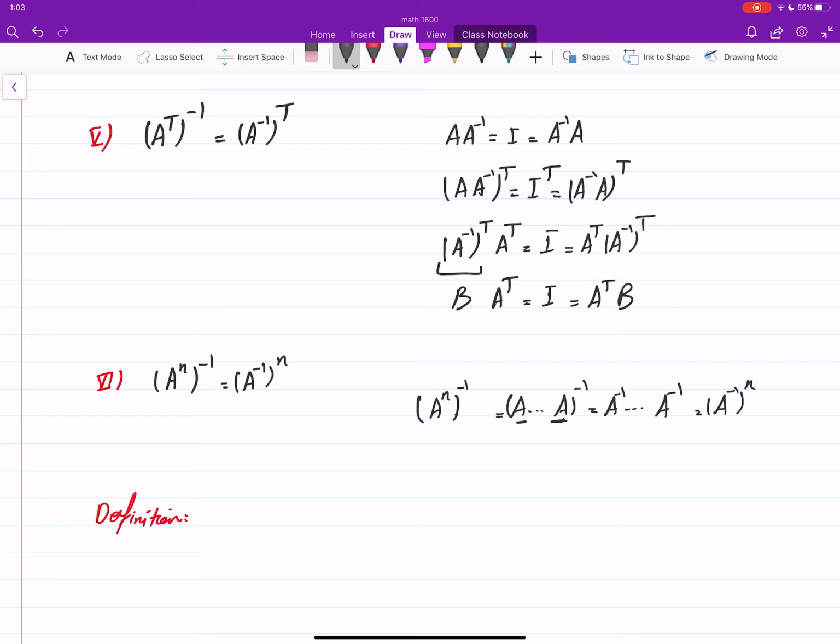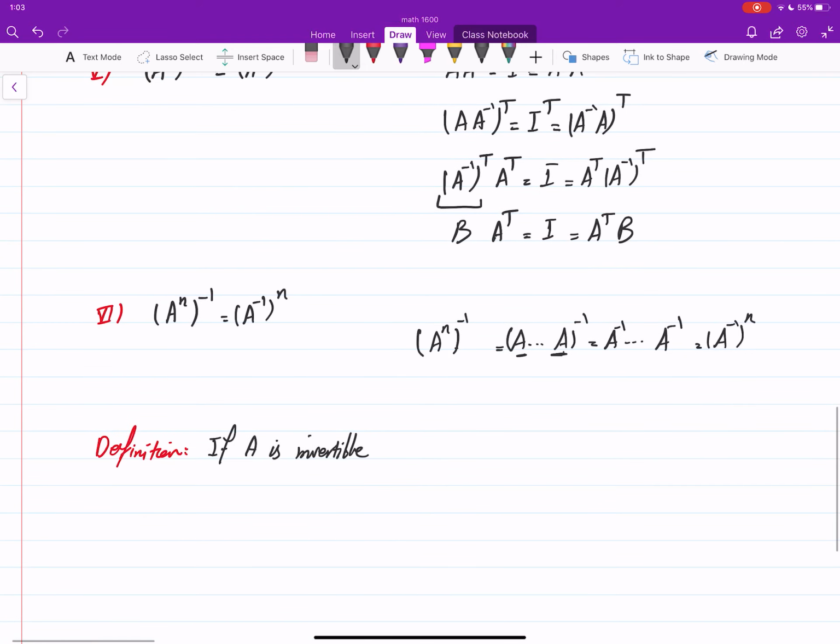If A is invertible, when we say A to the power negative n, for a positive integer n, what do we mean by this? It means that you multiply A inverse n times to itself, or in other words, this is A inverse to the power n, or you can say this is A to the power n, then to the power negative 1, which is the same thing.